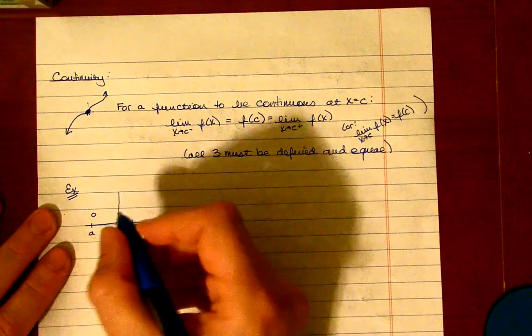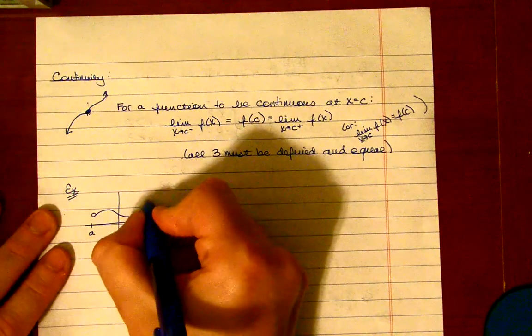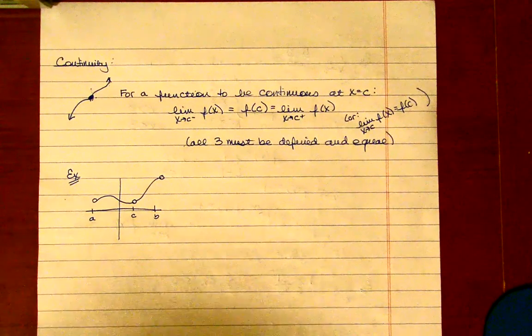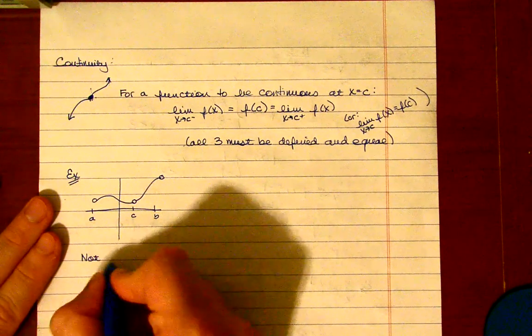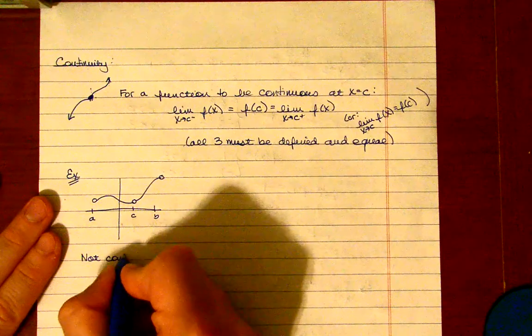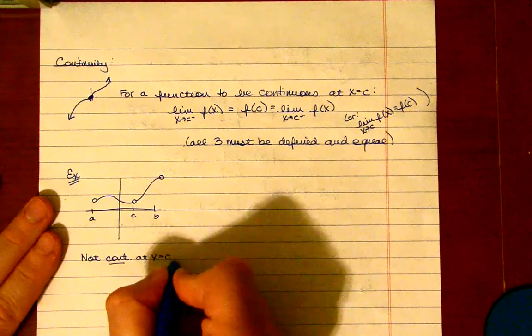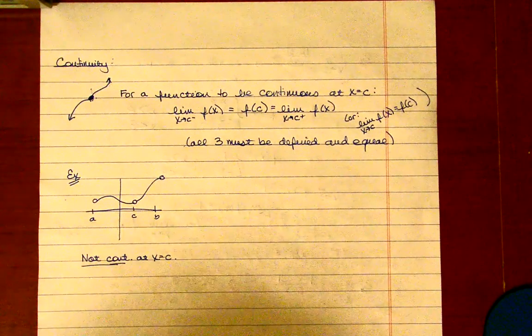Let me take a function that looks like this. You will want to copy these down, like everything else. I think it should be pretty clear that that function is not continuous at x equals c, but we need the reason.